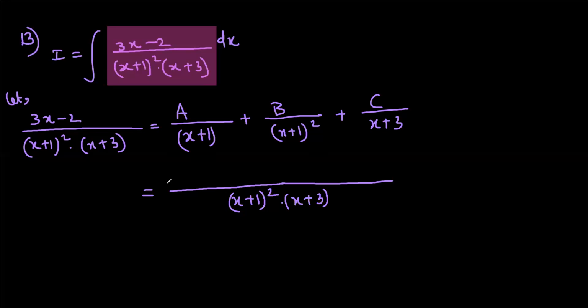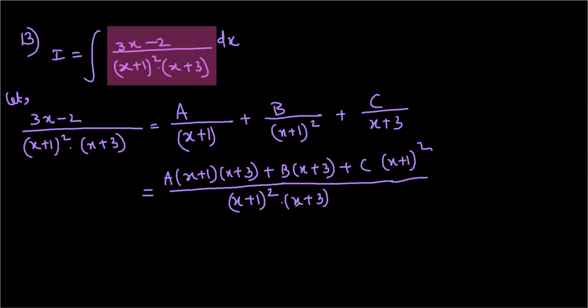So what do I get with A? For A, what you need to multiply you get when you divide this LCM by the denominator of A. So when you divide x plus 1 square by x plus 1, you get x plus 1, x plus 3. So you get A into x plus 1 into x plus 3, plus B into x plus 3, and here you get C into x plus 1 square.